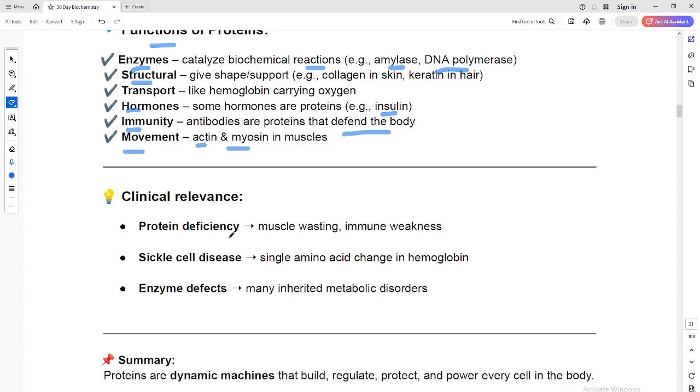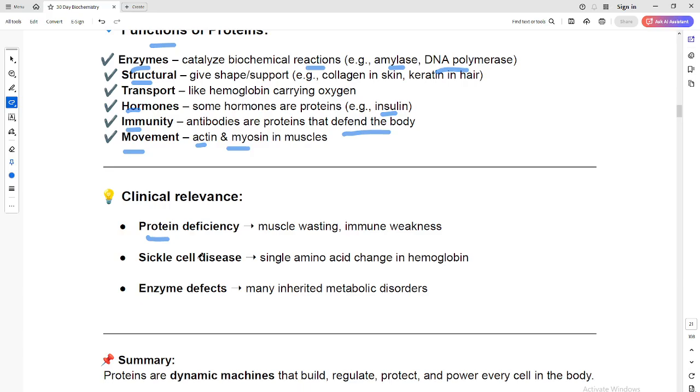Clinical relevance, protein deficiency. We know that proteins are formed from amino acids. We have two major types of amino acids from the nutrition perspective. There are amino acids called non-essential because you don't have to take them from diet; they can be synthesized inside your body. Another part of the amino acids are essential amino acids.